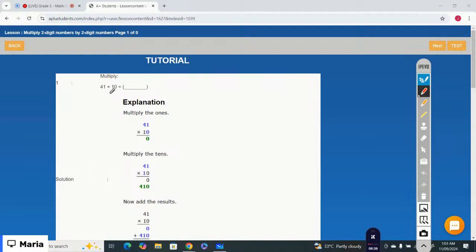So you have to do 41 times 10, right? Both the numbers are two-digit numbers, but just look at the second one. You have the zero with the number, right? So you can use the rules to multiply the numbers with zero. Whenever you have a number with zero, you can multiply just the non-zero values. So the non-zero values are 41 times 1. So 41 times 1 is 41.